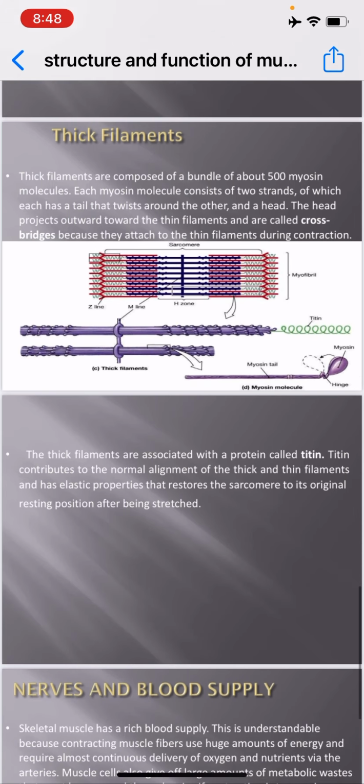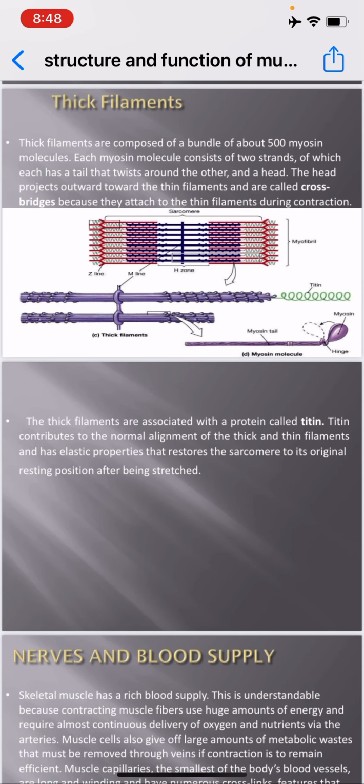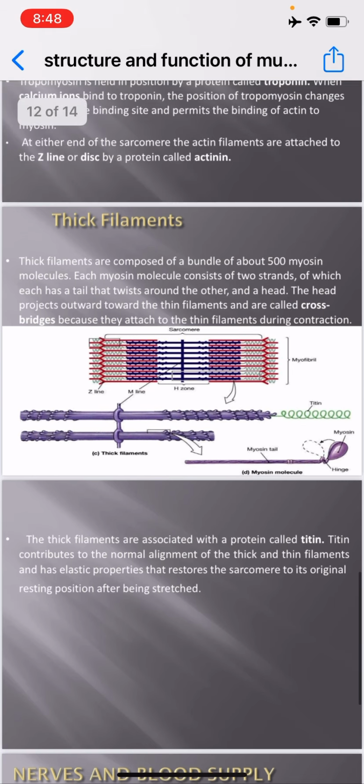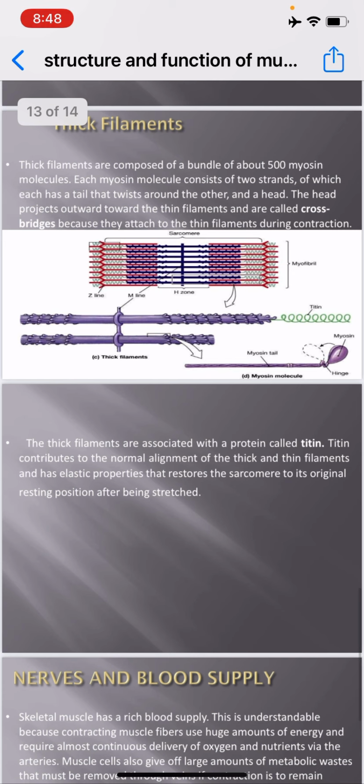Now let's come to the thick filament. Thick filaments are composed of a bundle of about 500 myosin molecules. Each myosin molecule consists of 2 strands, each of which has a tail that twists around the other and a head. The heads project outward towards the thin filament and are called cross bridges because they attach to the thin filament during contraction.